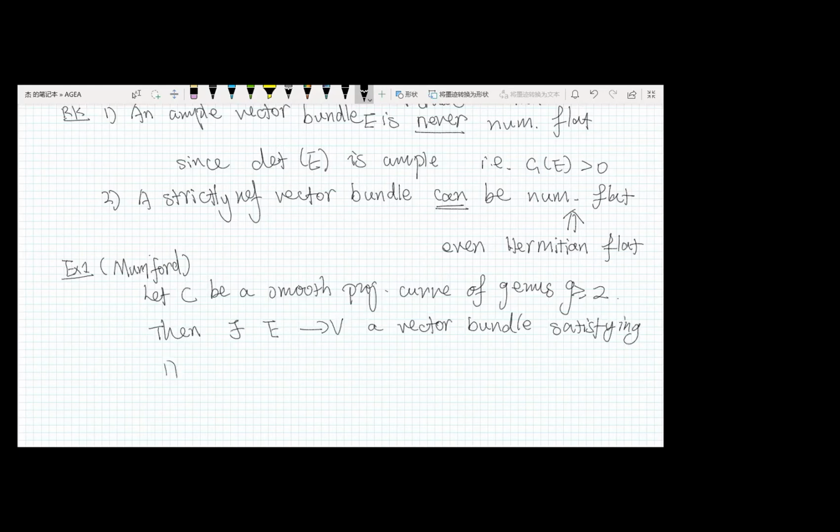The first one means E and E star are numerically flat, that means the first Chern class of E and also E star is trivial. And again, E and E star are both strictly nef.